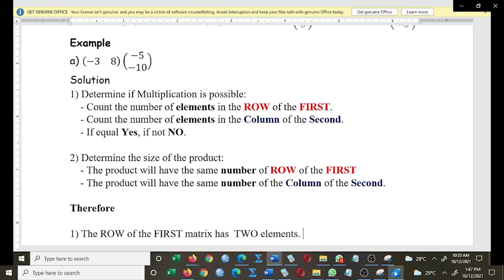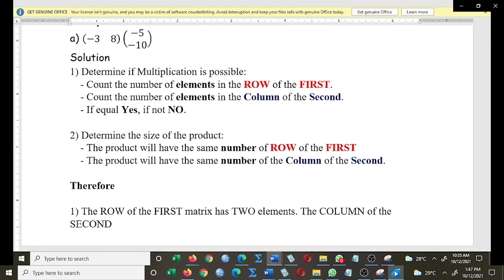What else can we write? The column of the second matrix. The column of the second matrix has 2 elements. The same, right? Has 2 elements.